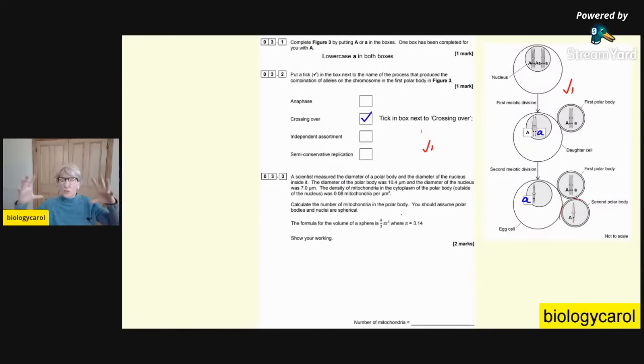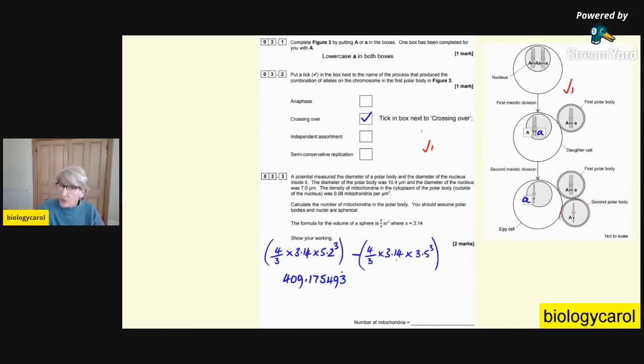So what we have got to work out, because of course those mitochondria are in the cytoplasm, which they very kindly tell you, is the volume of the cytoplasm. In other words, the volume of the polar body minus the volume of the nucleus. So here we go. I'm showing you the long-winded way first.